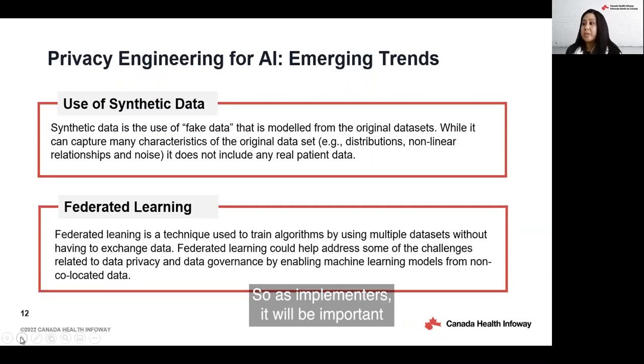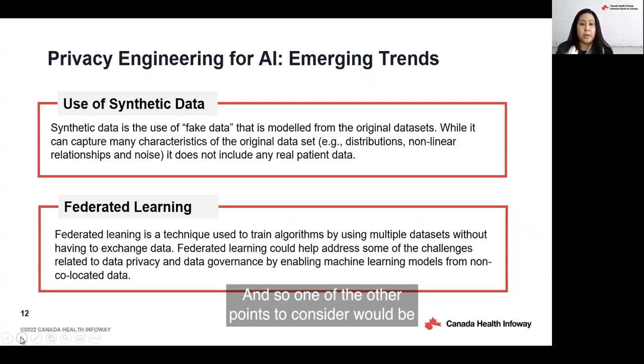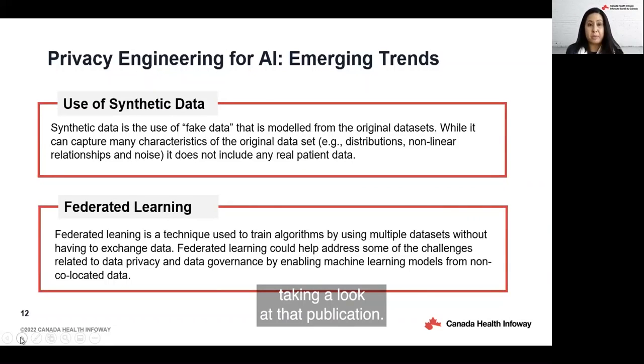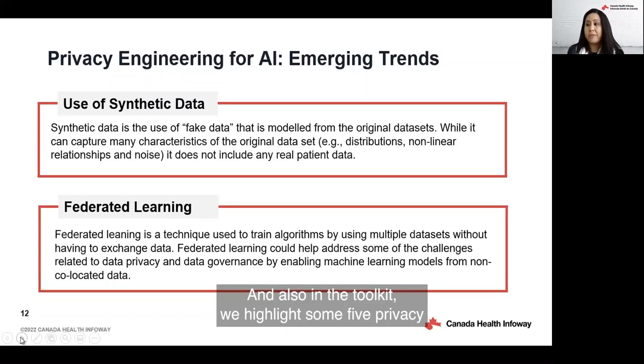So as implementers, it will be important to consider incorporating the requirement of conducting an AI FPIA in order to assess and mitigate the risks of AI technologies. One of the other points to consider would be taking a look at that publication. And also in the toolkit, we highlight some privacy considerations for AI training and operationalization.